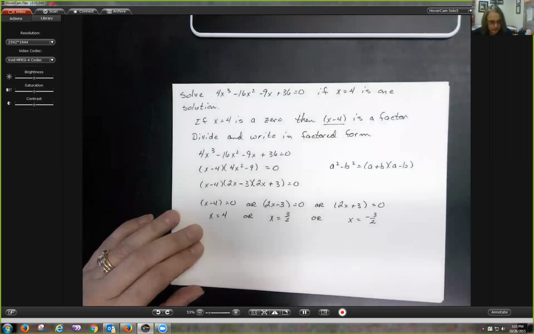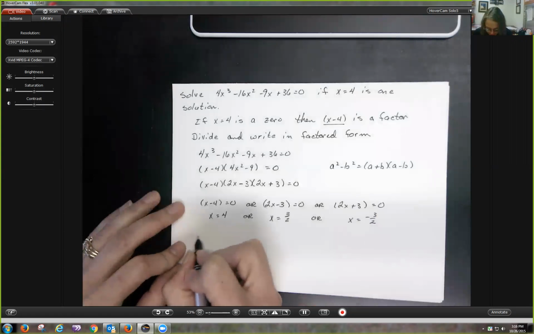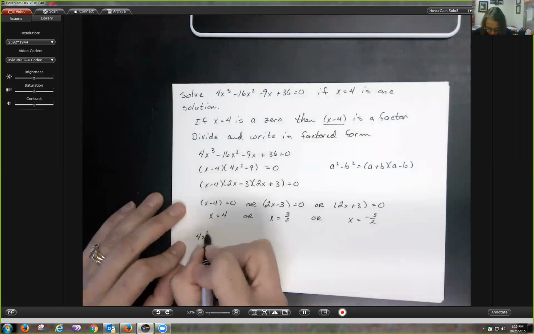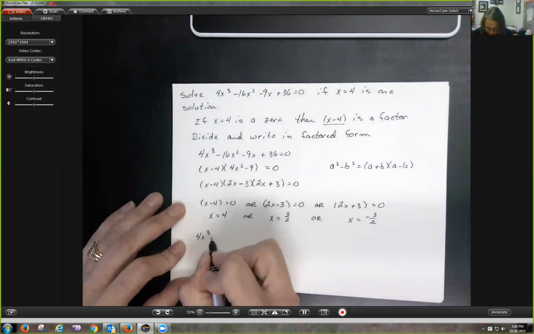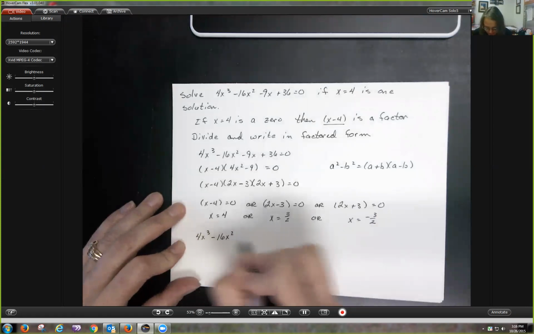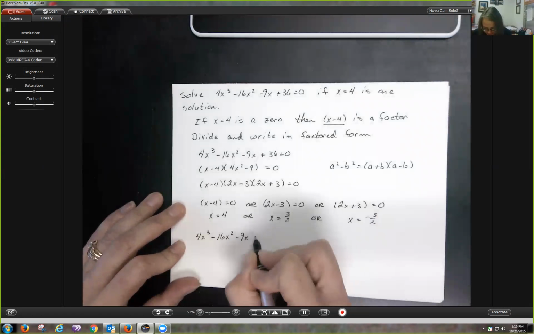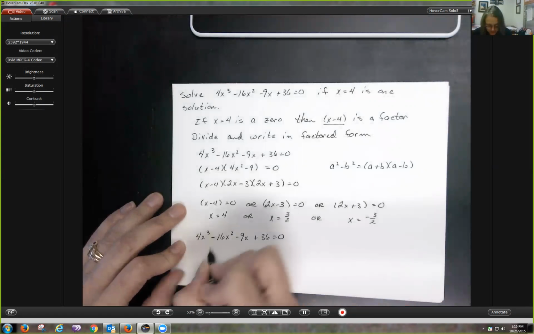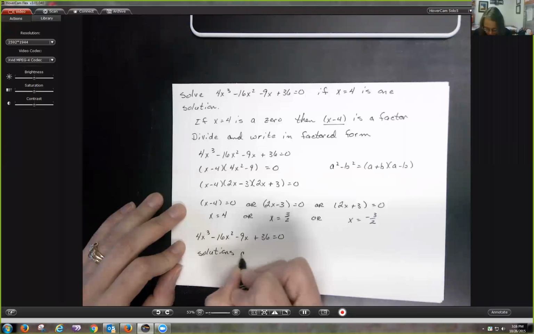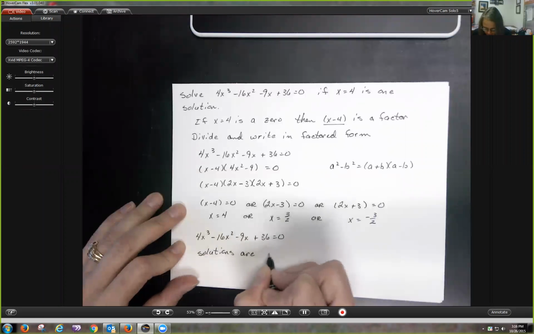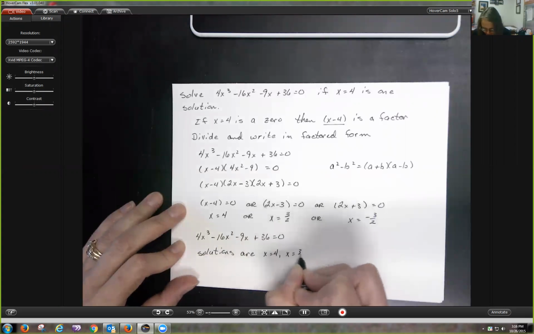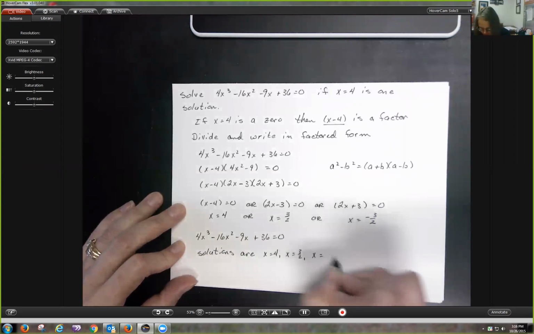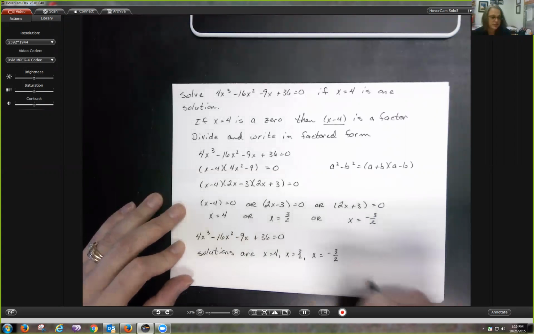So my solutions to the equation 4x to the third minus 16x squared minus 9x plus 36 equals 0 are x equals 4, x equals 3 halves, and x equals negative 3 halves.